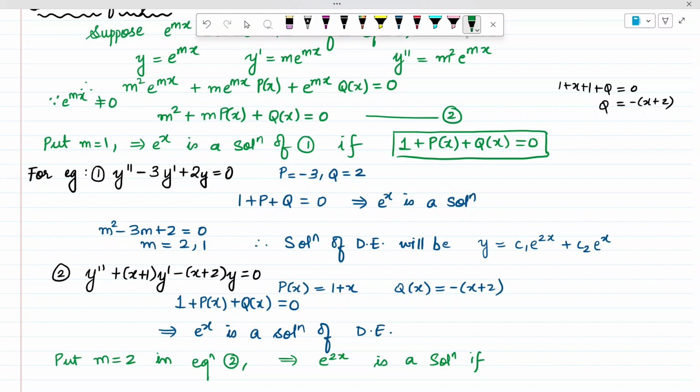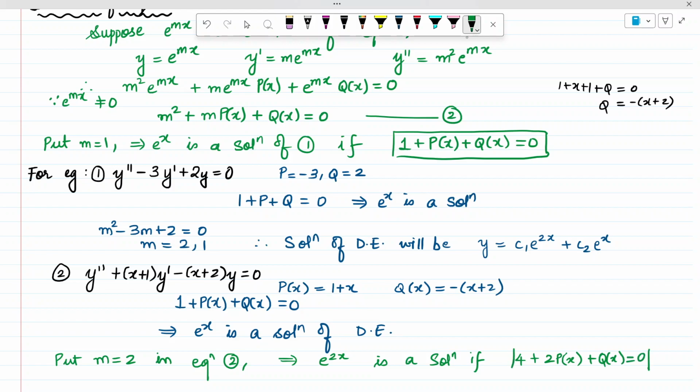If you put 2 in place of m in equation 2, what will you get? Come on. No, e raised to 2x you got in the solution; put it in equation 2, son. You get 4 plus 2p of x plus q of x, so 4 plus 2p of x plus q of x should be equal to 0.